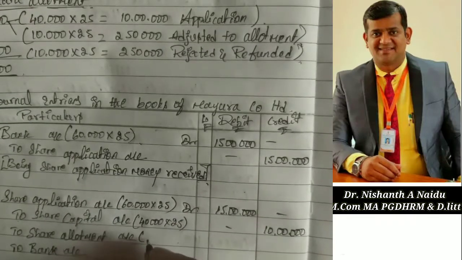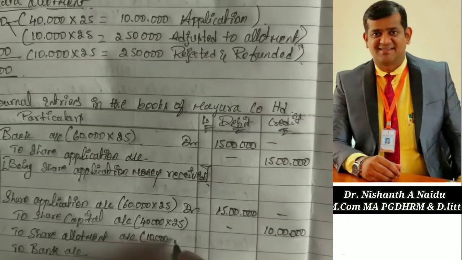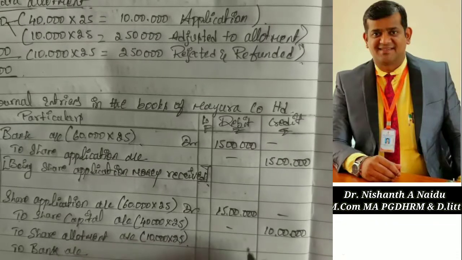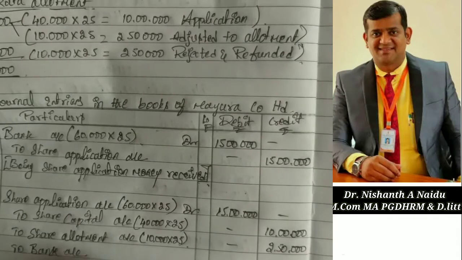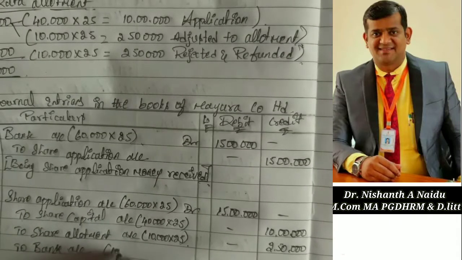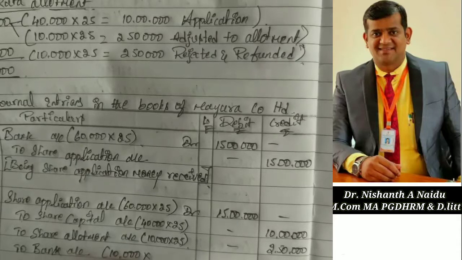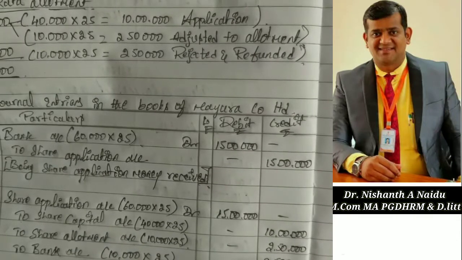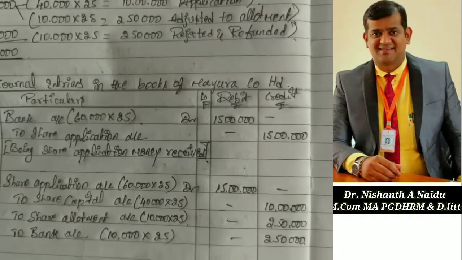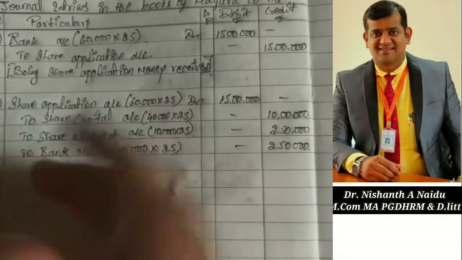So share allotment, how much have we adjusted? 10,000 application money, 10,000 into 25, 2,50,000. Then on bank account, how much have we rejected and refunded? 10,000 into 25, 2,50,000. Okay, so we are done with the second journal entry.